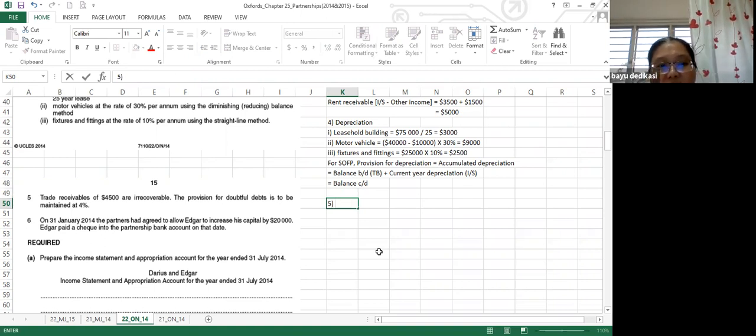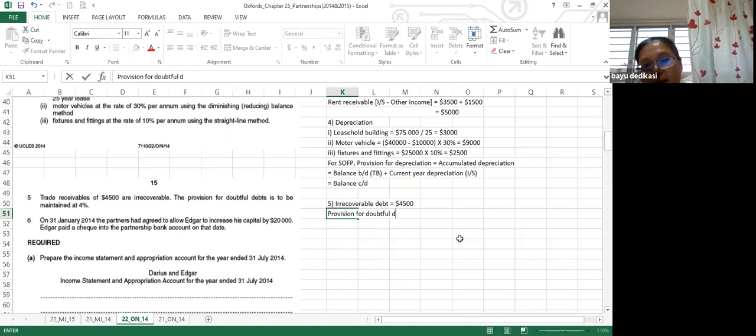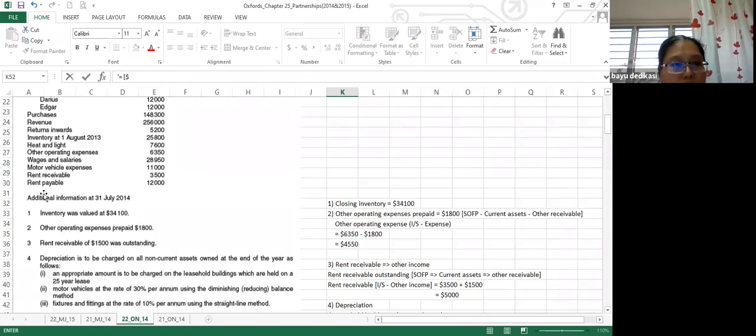Trade receivable 4,005 are irrecoverable. So that means you have irrecoverable debt 4,005. Same thing if you have this additional 4,005 as an irrecoverable. So when you calculate your provision for doubtful debt, which is your balance carry down, you have to take the amount in your trade receivable.